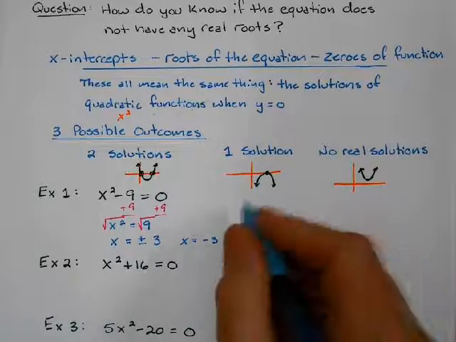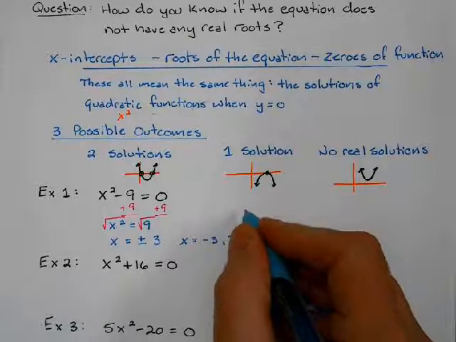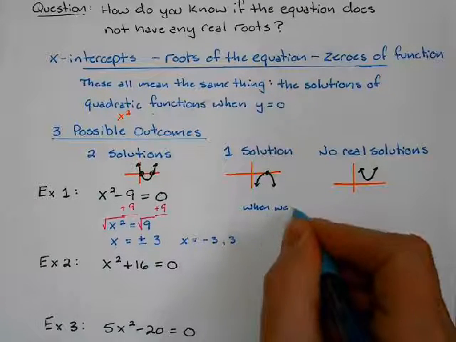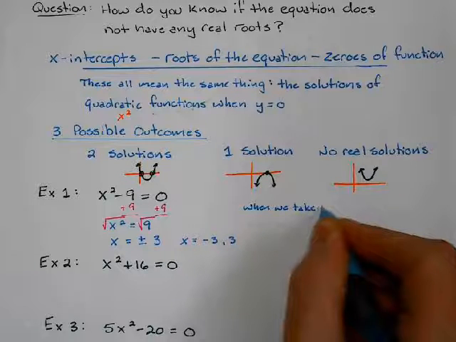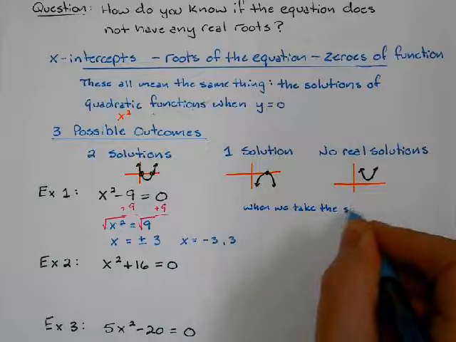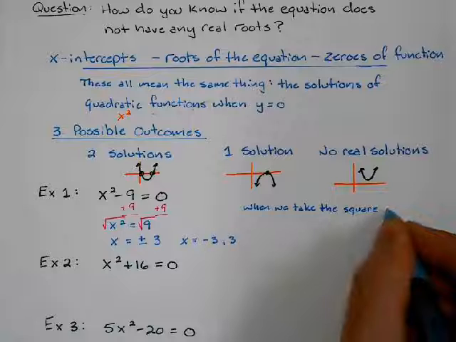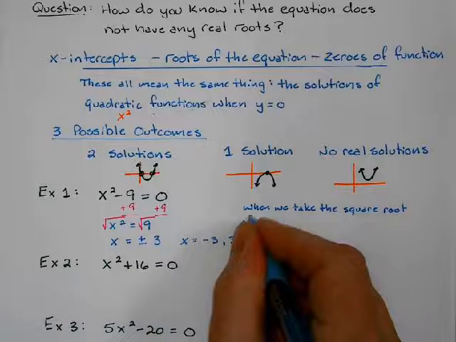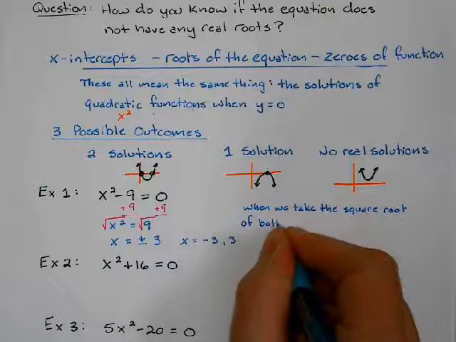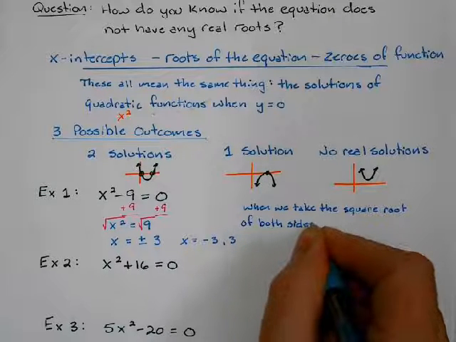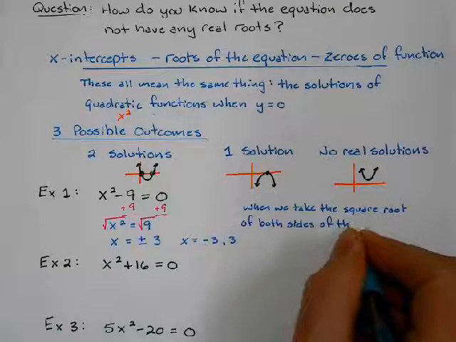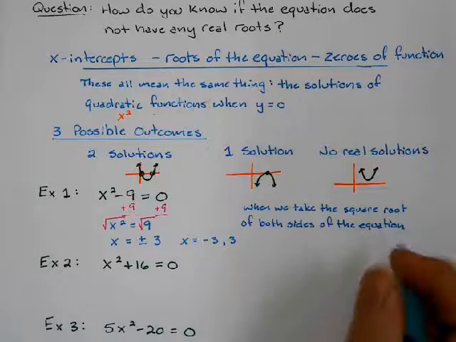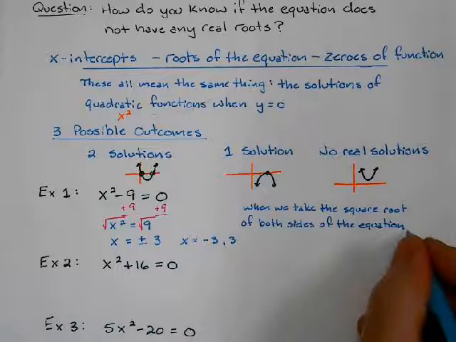So we have to remember that when we take the square root of both sides of the equation, we must include the plus and minus sign.